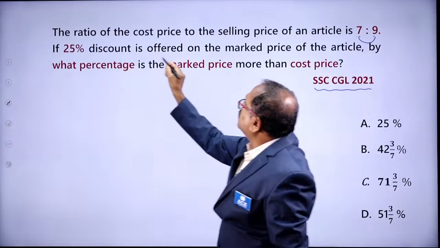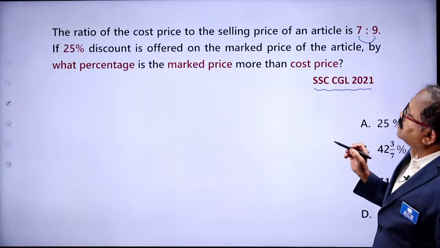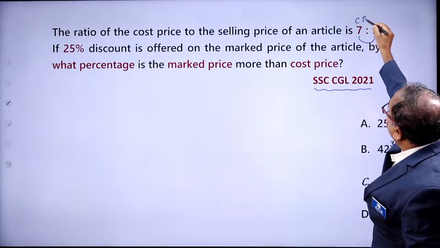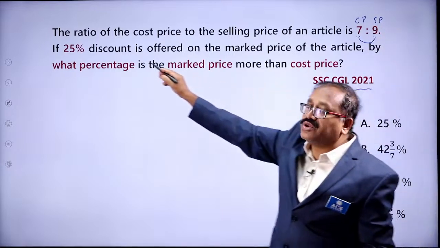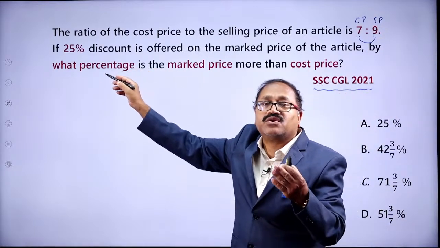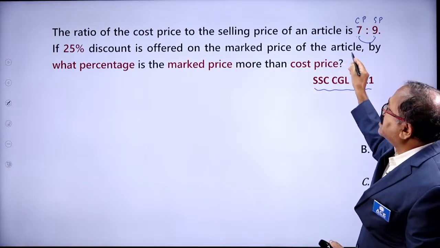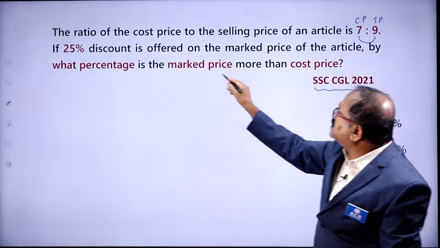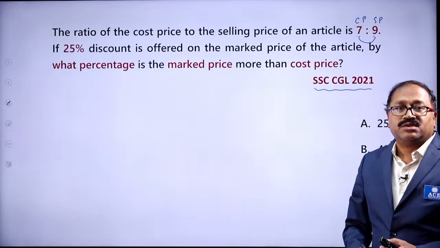If 25% of discount is offered on the mark priced, so this is CP and this is SP. And this 25% discount, and we know that discount is always offered on mark price. So offered on mark price of the article, by what percentage is the mark priced more than cost price?